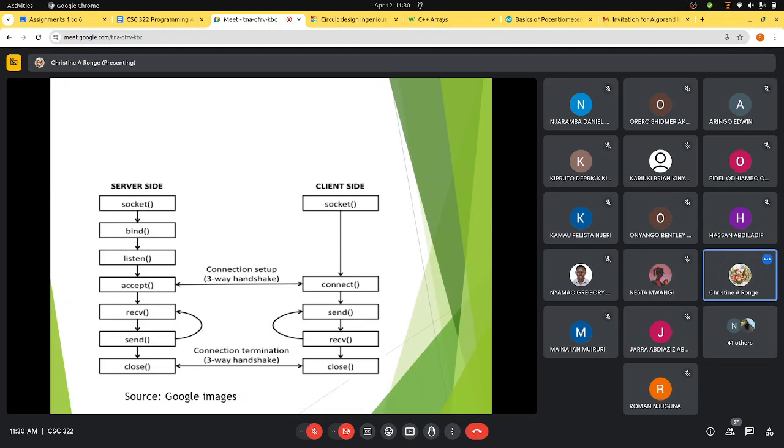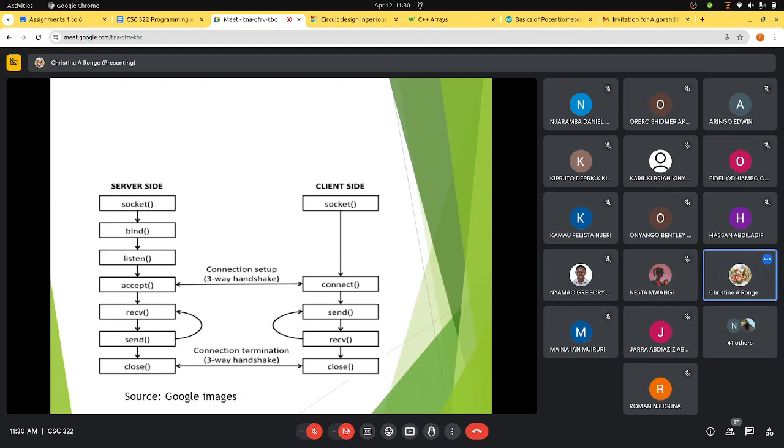So it's a four-way handshake, and each side transmits their FIN packet and waits for an acknowledgement. So basically, it's a four-way handshake for the connection termination, for each side to close their side of the connection independent of the other one, because we said you cannot be sure the other side has finished talking.